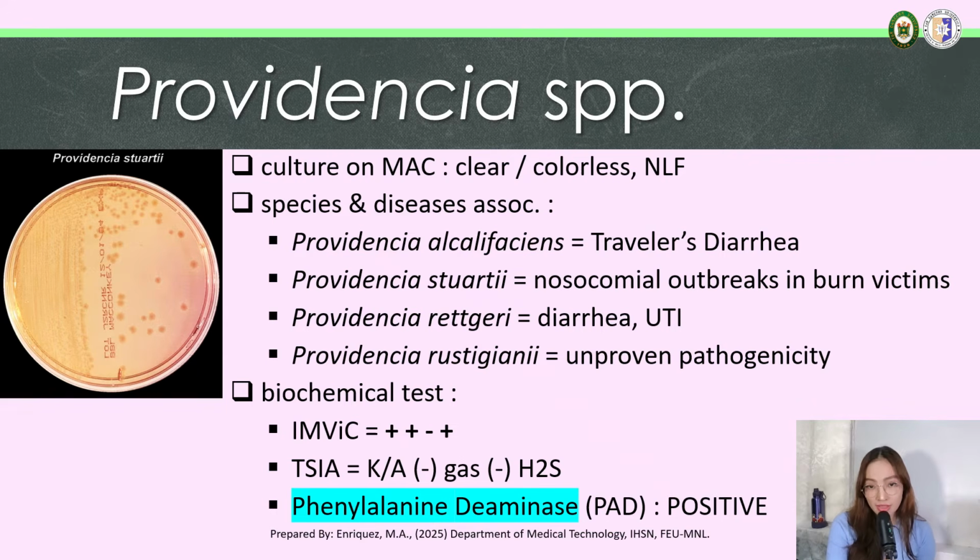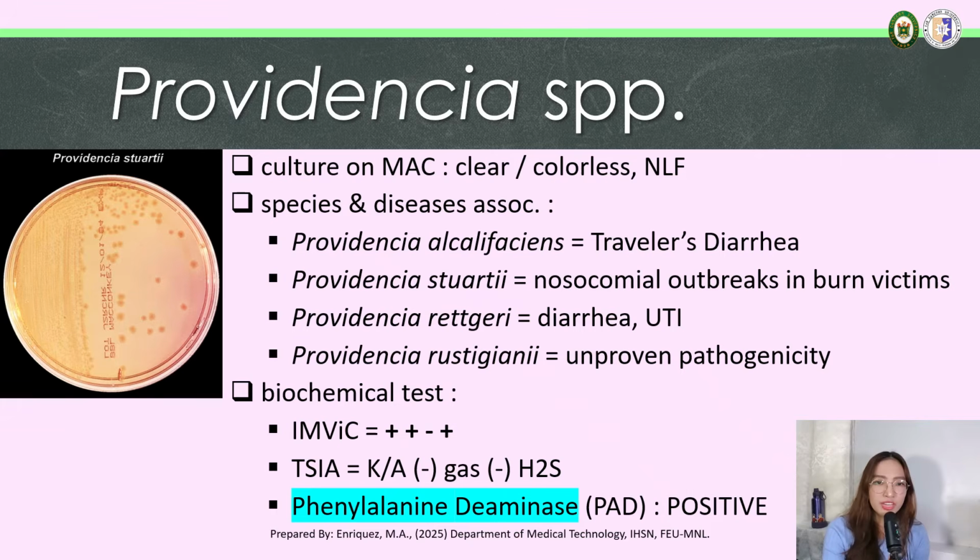Providencia stuartii has been implicated in outbreaks in burn units and has also been isolated from urine cultures. And Providencia alcalifaciens has been seen to also cause a disease similar to traveler's diarrhea.